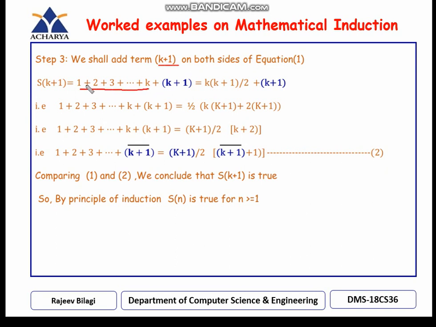The pattern says each element is 1 extra from the previous one. So I can write S of k plus 1 is equal to 1 plus 2 plus 3 up to k. The next element will be k plus 1. So I am going to add this k plus 1 on both the sides.